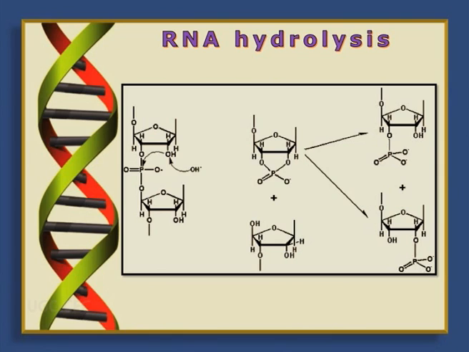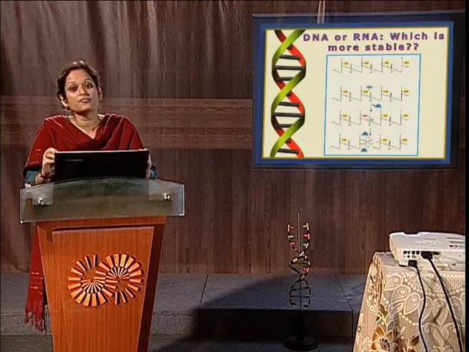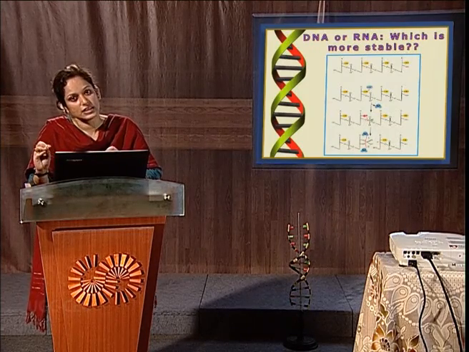As a result, during evolution, RNA came before but was replaced by DNA due to the presence of 2-deoxy-D-ribose, resulting in the stability of DNA and making DNA the carrier of genetic information.